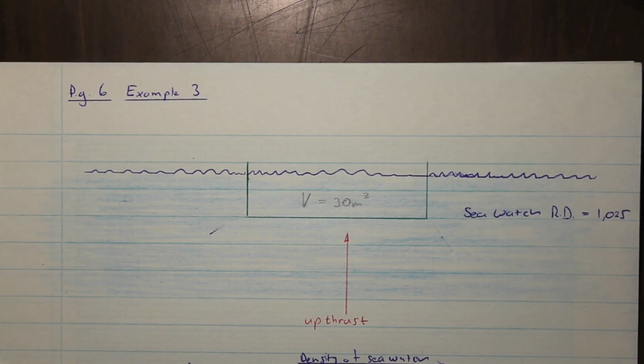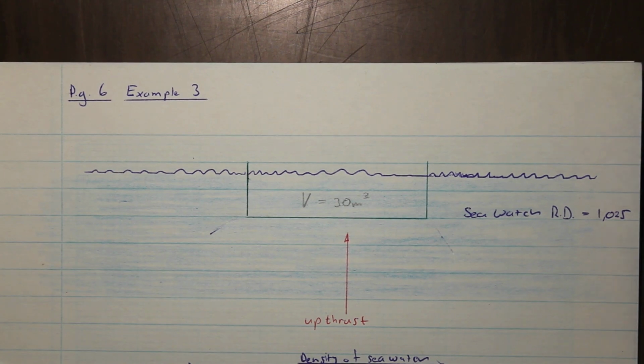So today we're going to be looking at a very basic hydrostatics problem. You can find this on page 6 in your textbook, example number 3. It says we have a box-shaped barge that floats in seawater with a relative density of 1,025.